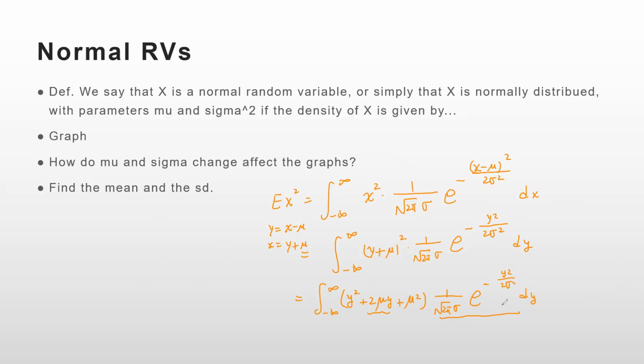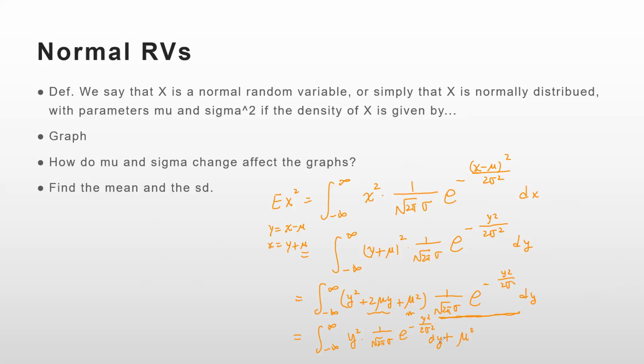So the integral would be 0. And then mu squared times this integral, the integral will be just mu squared because it's a density function. You integrate from negative infinity to infinity, you get 1. So essentially we have the integral from negative infinity to infinity of y squared times 1 over the square root of 2 pi sigma e to the negative y squared over 2 sigma squared dy, and then you have a mu squared.